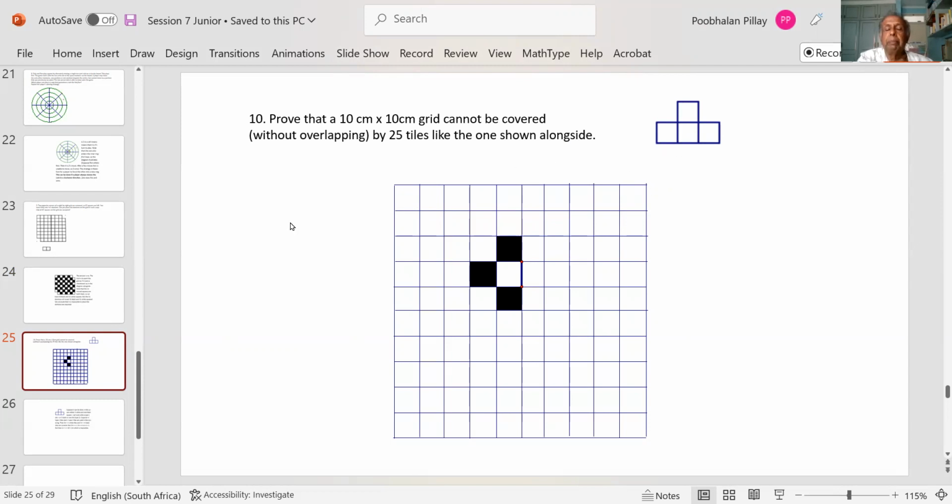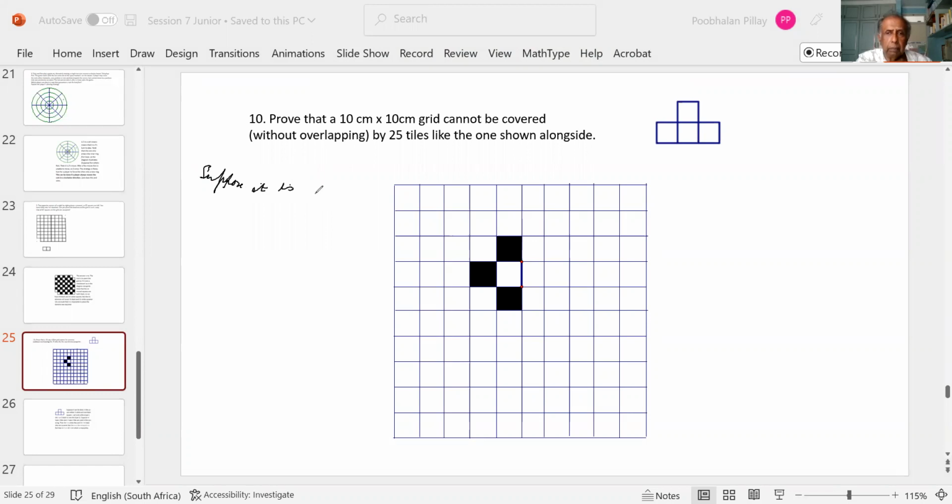And suppose it can be done. Again, you're assuming the impossible here. Suppose it can be done, then what happens? Each tile has got 4 squares, and you've got 100 squares altogether, right? So suppose it is possible to cover this entire board with those tiles.